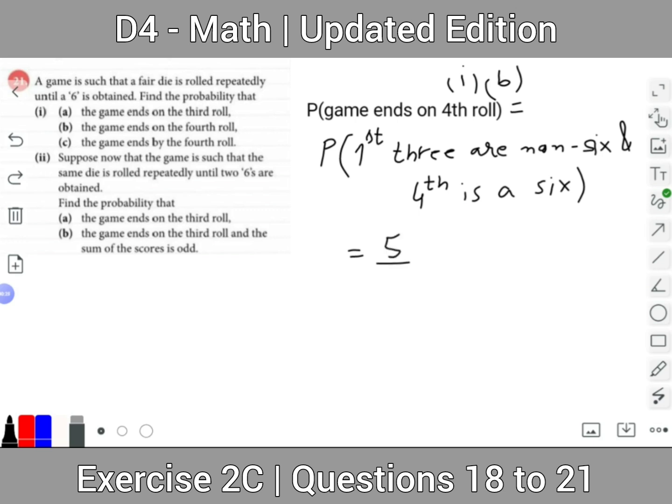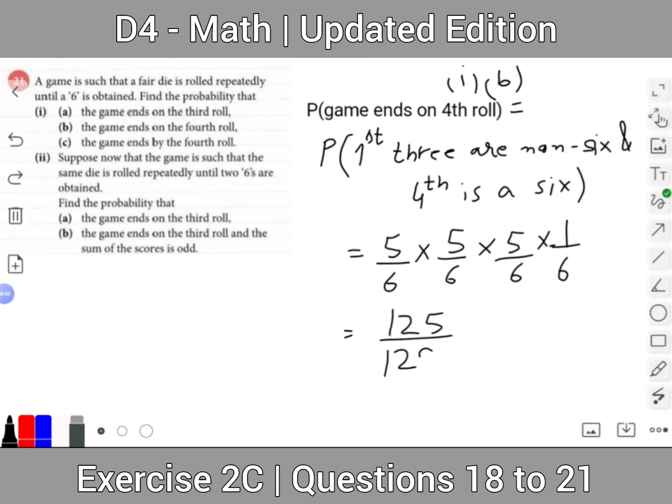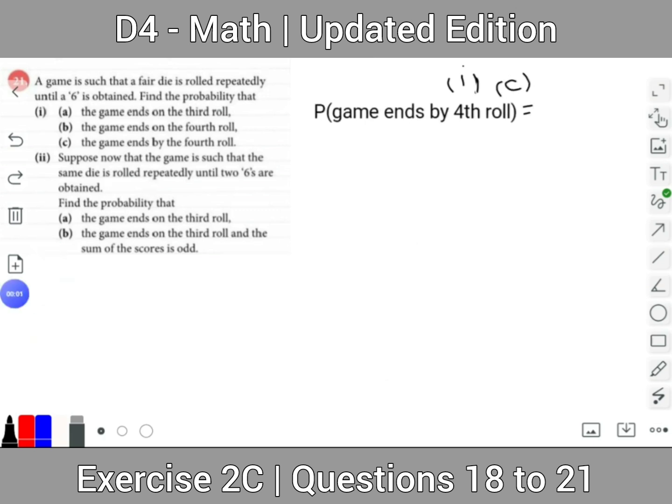So for the first 3 rolls, we have 5/6 multiplied by 5/6 multiplied by 5/6, and for the fourth roll we have probability 1/6. Now we have 125 over 1296. So the probability that game ends on fourth roll will be equals to 125/1296.